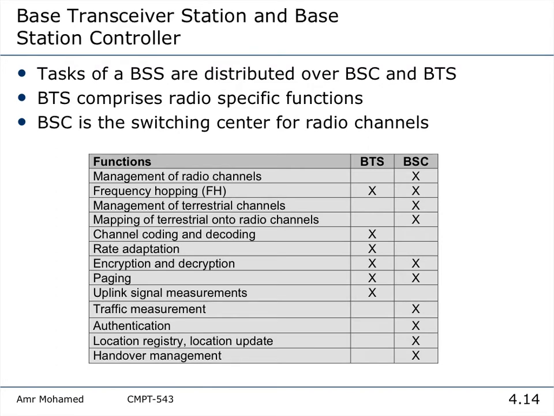Frequency hopping means that within the same cell, the cell itself jumps from one frequency to another. Why? Because as we said, noise is frequency selective, which means that the amount of noise that you get in a certain frequency range is usually different from one frequency to another, right?